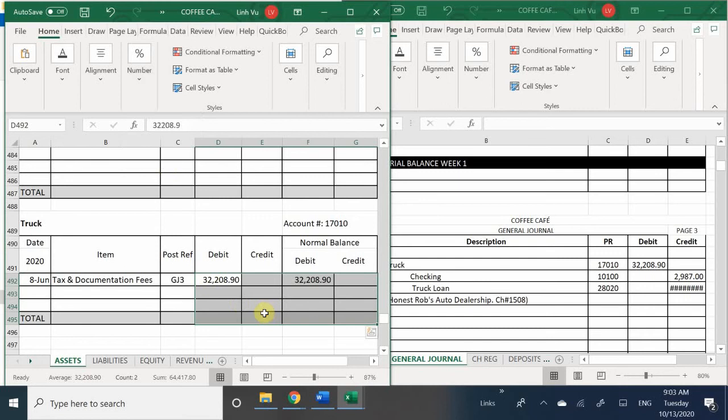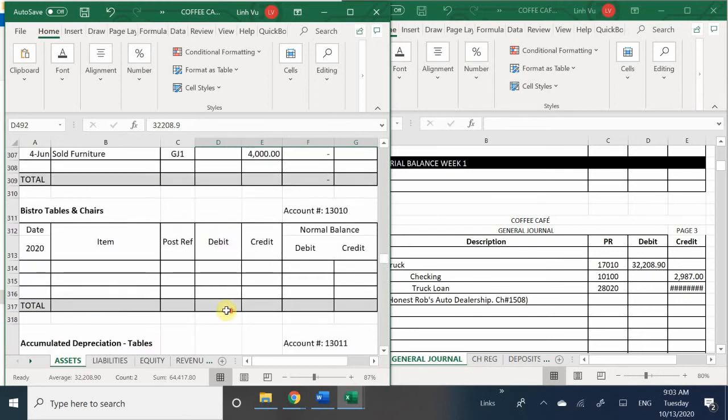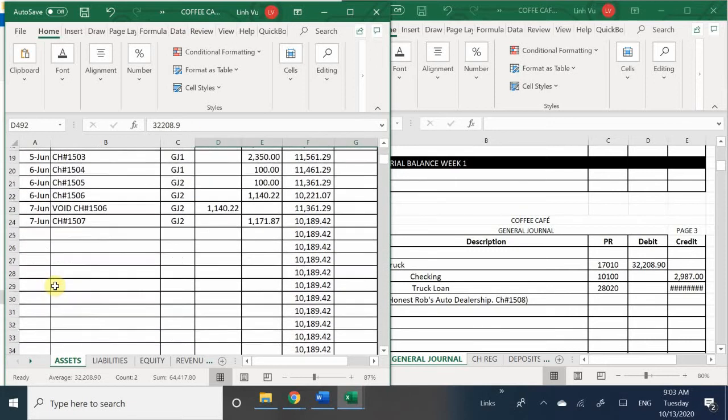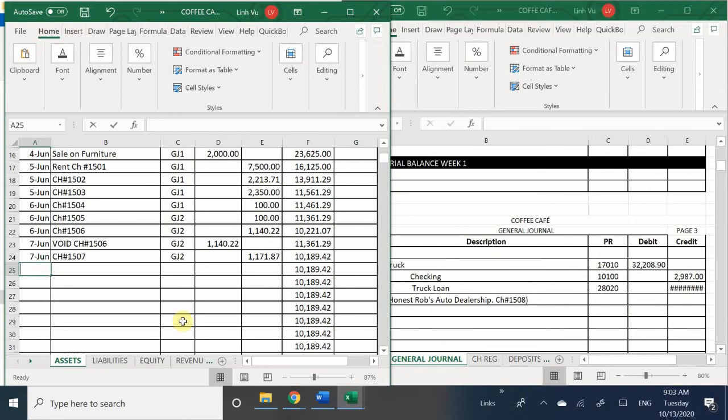Okay. Then the next thing I have to do is my checking account. So scroll all the way up to page 1. I wrote my check number out, 1508. General journal number 3.